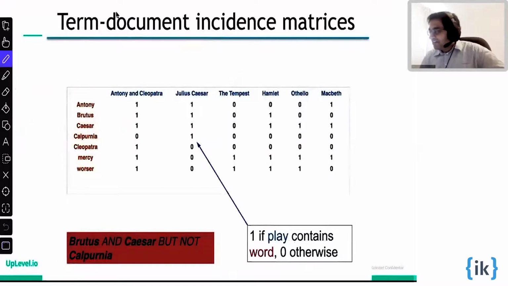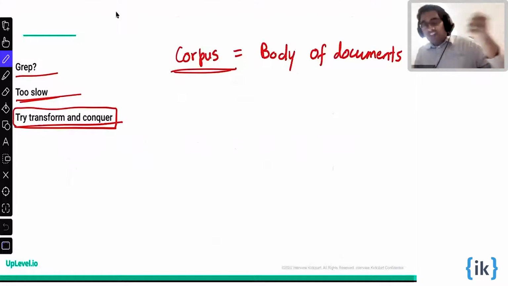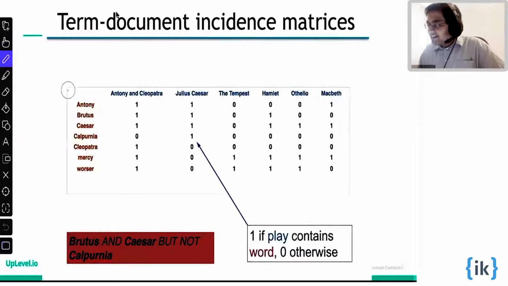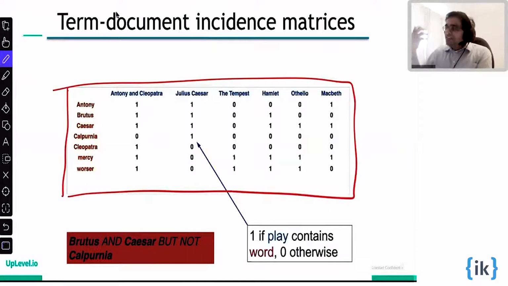And so given that we want to track which documents satisfy the Boolean query, or which documents contain the terms in the query, we can think of building something that looks like an adjacency matrix. If you're familiar with graphs, where you're interested in relationships, you want to find out which words appear in what documents.